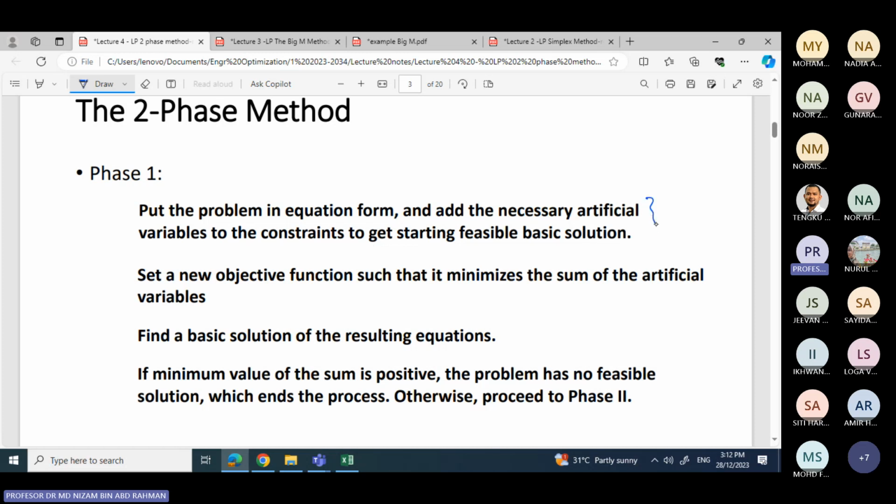This is basically what we have discussed. If the constraint is equals to, then you add an artificial variable. If it is less than or equal to, you add a slack variable. If it's greater than or equal to, then you put in a surplus variable plus an artificial variable. So this is the first thing that you need to do.